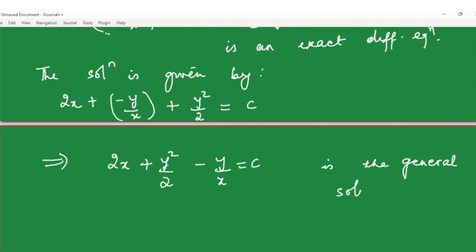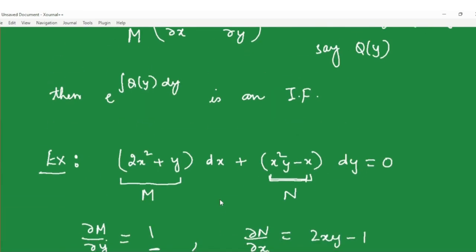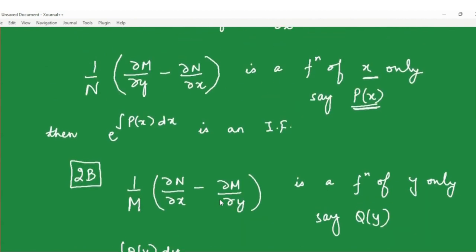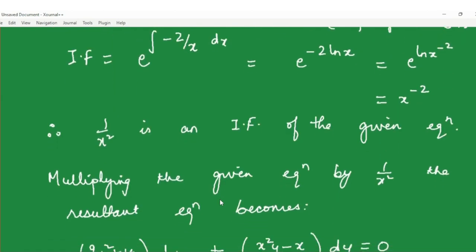So that's how you apply rule number 2a when the equation is non-exact. You could have done it using the previous rule also. You could have assumed an integrating factor of the form x to power p y to power q, and the same working which we had in the previous video would have led to this integrating factor x to power minus 2 through that procedure also.